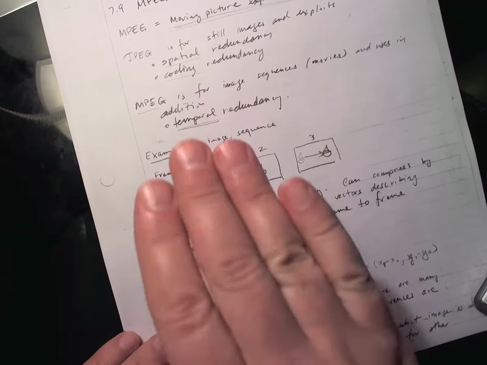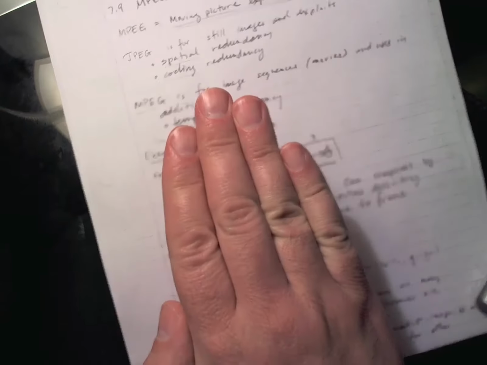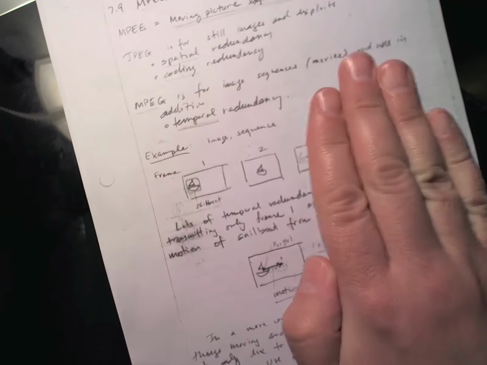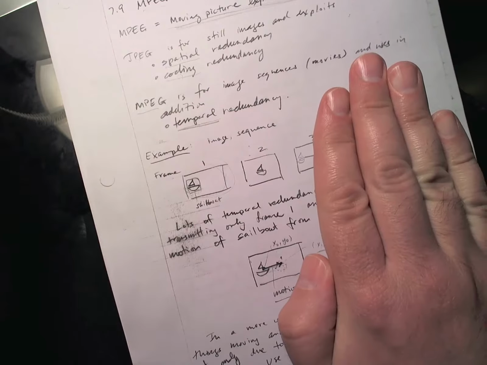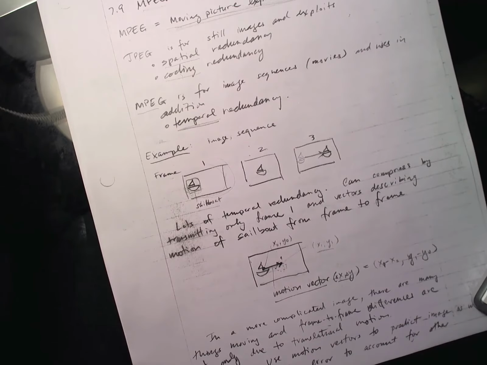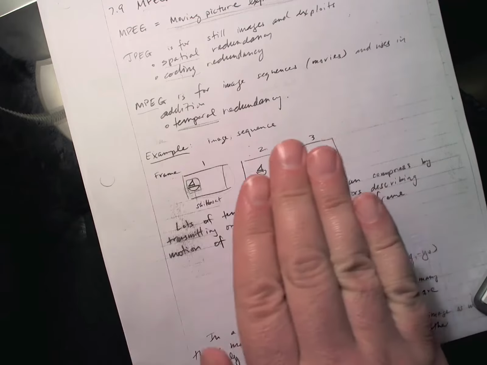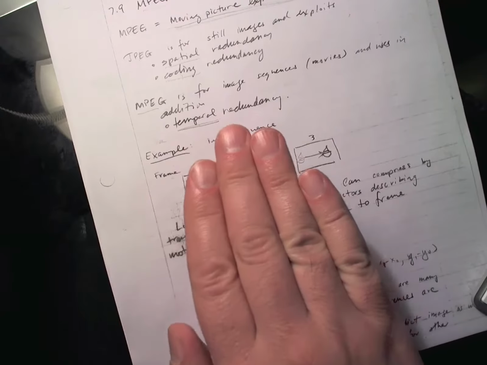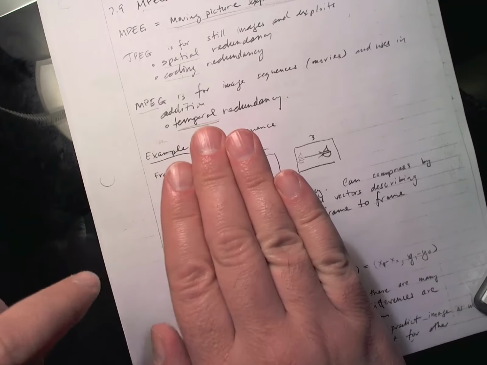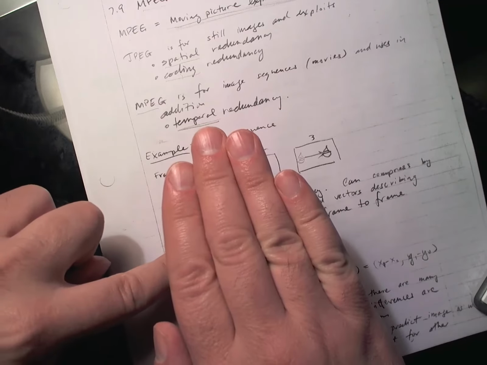So let's say here's one frame of a movie, and then here's the next frame of the movie. Sorry, I'm messing up the focus there. But between the two frames, maybe my hand didn't change much. It's just a simple shift. But when my hand is here, this stuff's covered up.